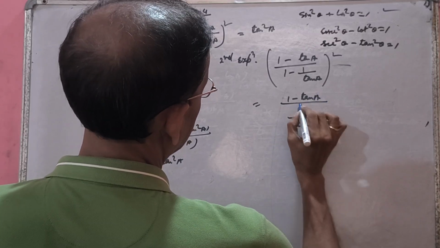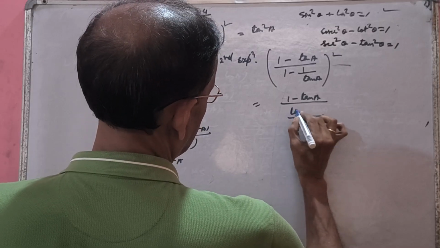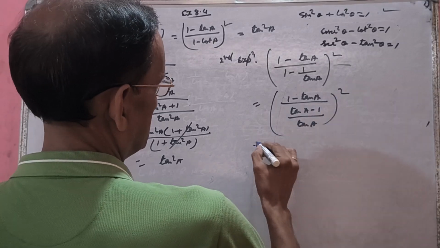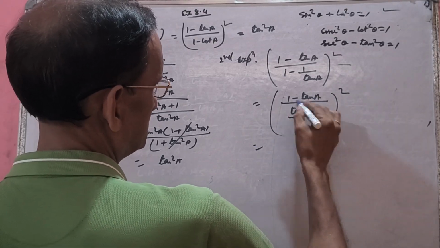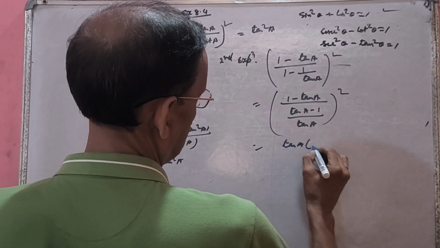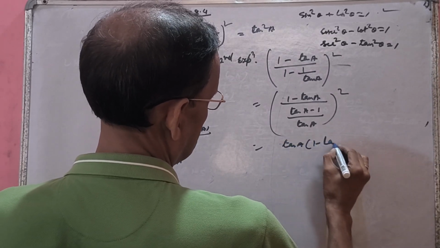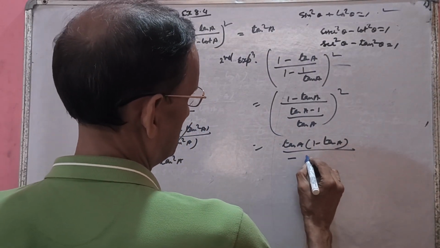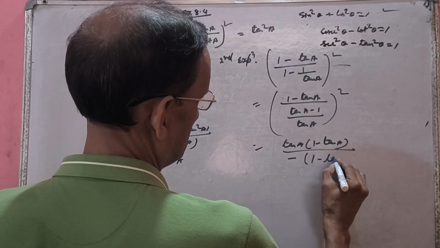Tan A. What will we get here? Tan A minus 1, this is whole square. This divided by this, when you multiply, it will be reciprocal. So what here? Tan A into 1 minus tan A by tan A minus 1, we will take minus common. What will we get? 1 minus tan A.